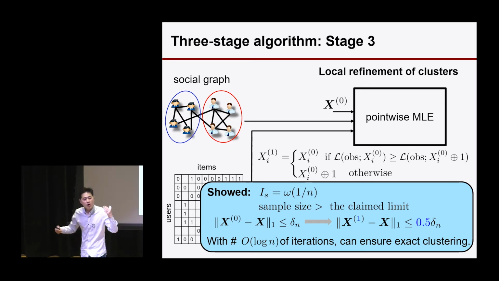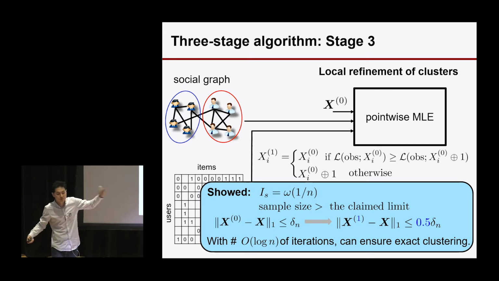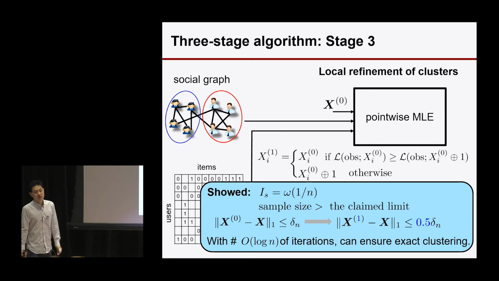And it turns out with one iteration, we can improve the error rate by a factor of 2. That suggests that with log n iterations, we can ensure the exact clustering. That's how we prove the achievability of this algorithm. Is that clear? Good. And we also show the optimality of this algorithm using some bounding techniques like union bounds and the Chernoff bound and something like that.